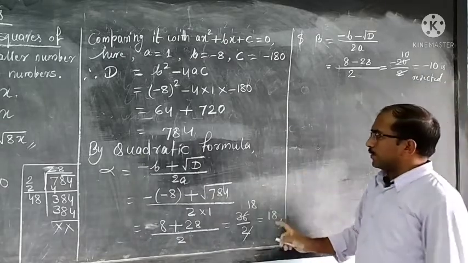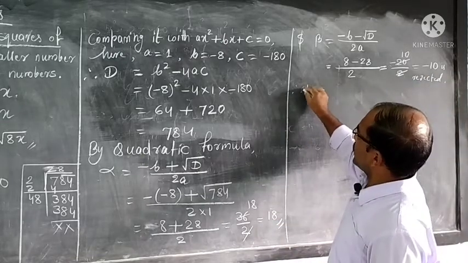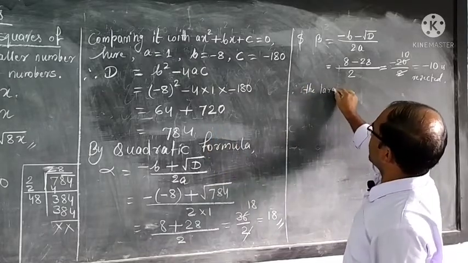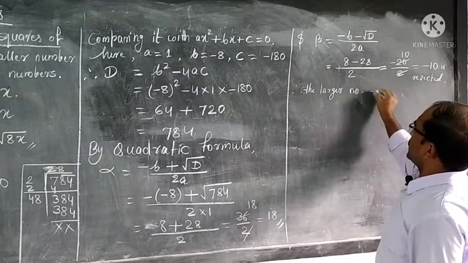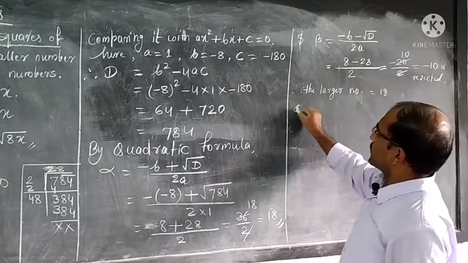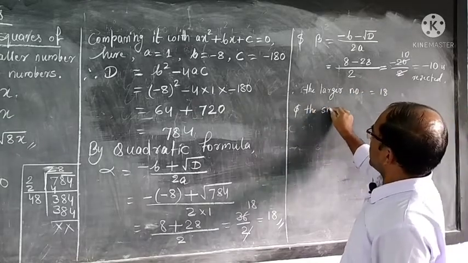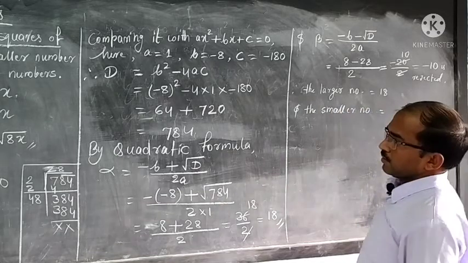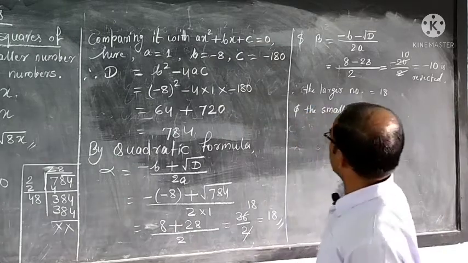We use the first number, therefore x is what? The larger number. Therefore, the larger number is 18 and the smaller number was what? Smaller number was root 8x.